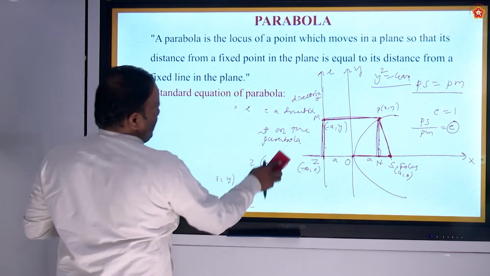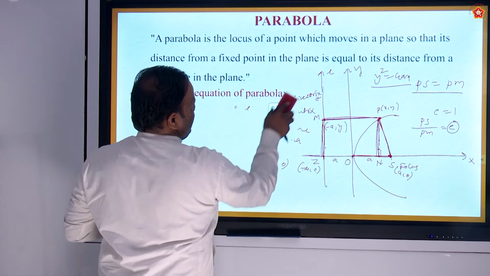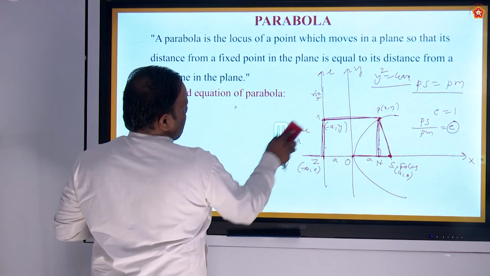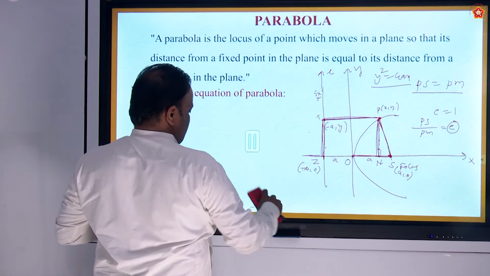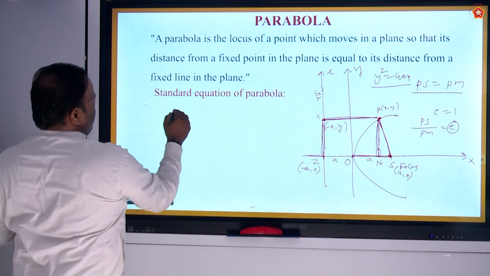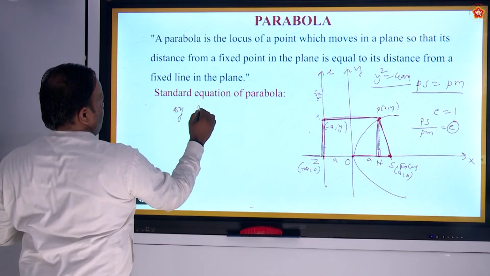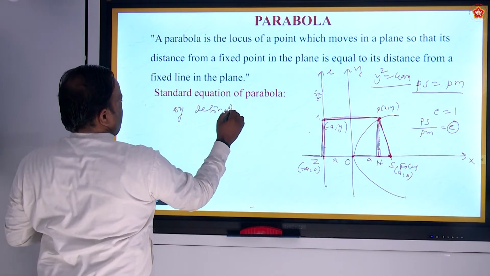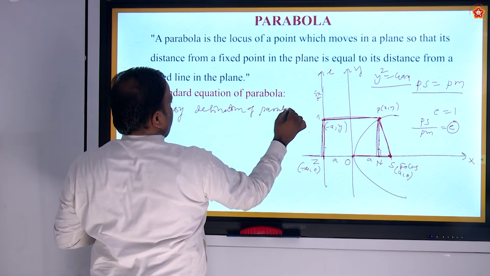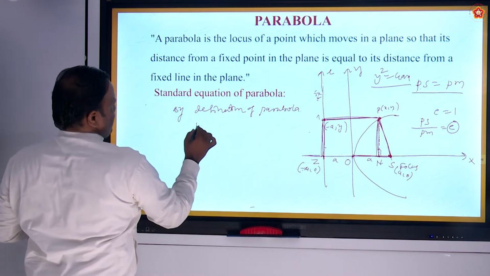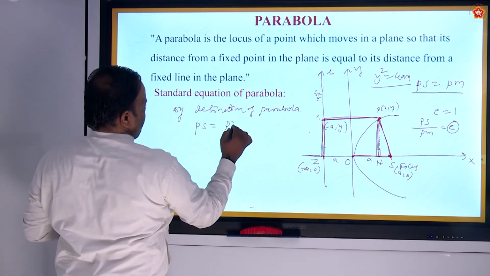By the definition of the parabola, PS is equal to PM.